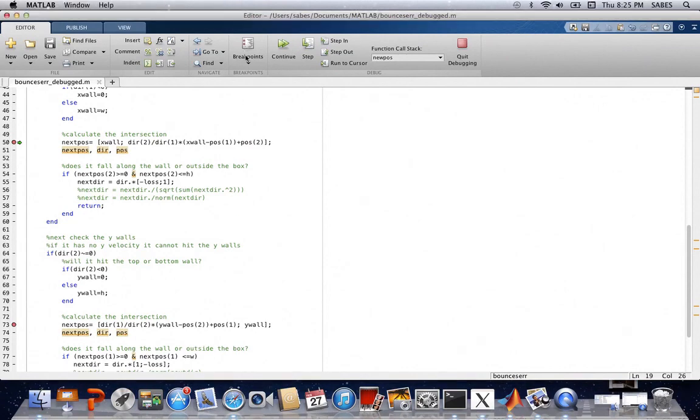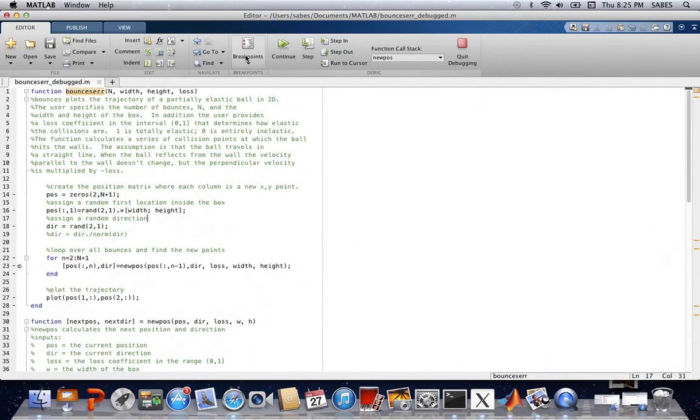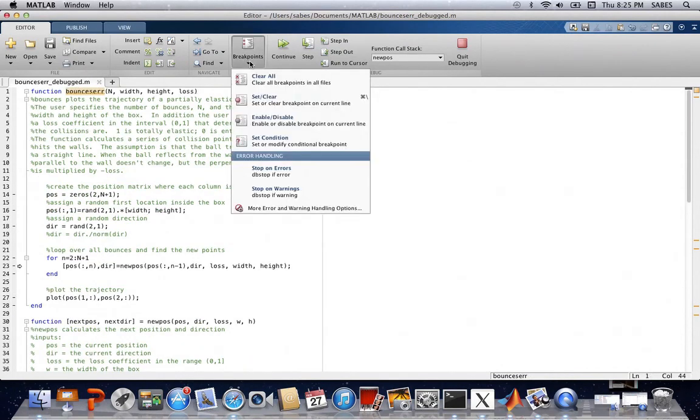You can also choose to have breakpoints which stop on errors instead of stopping each time in different lines, the way we set it up. So you have to play with these features, and eventually you'll find some combination of things that work for you and help you to debug your programs.